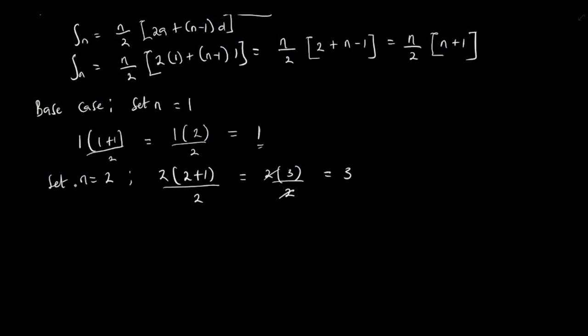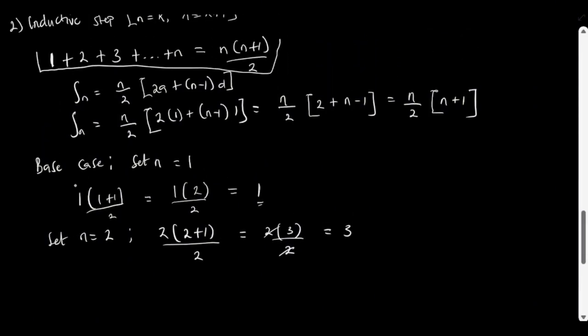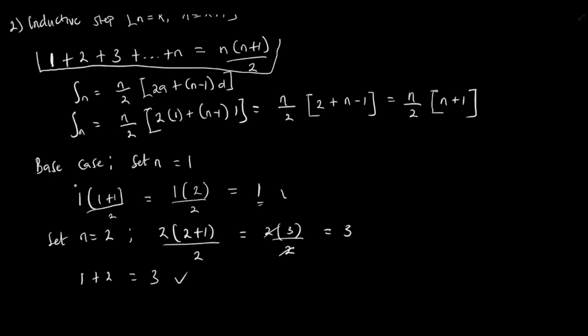Then don't forget, at the left hand side we have 1 plus 2, because n is equal to 2, we are going to take the first two values at the left hand side. So we have 1 plus 2 is equal to 3, which is true for this step. So we've set n is equal to 1, and we've also set n is equal to 2, and it is true for both values of n.